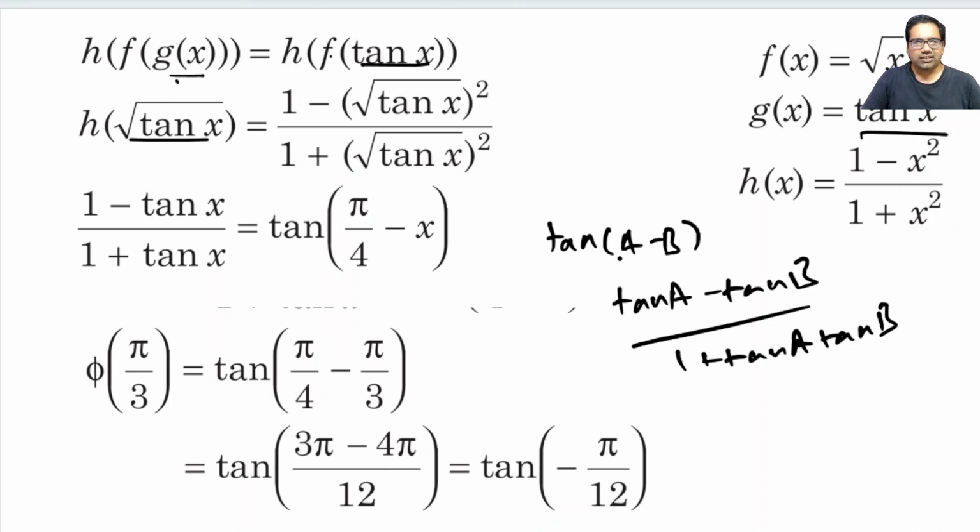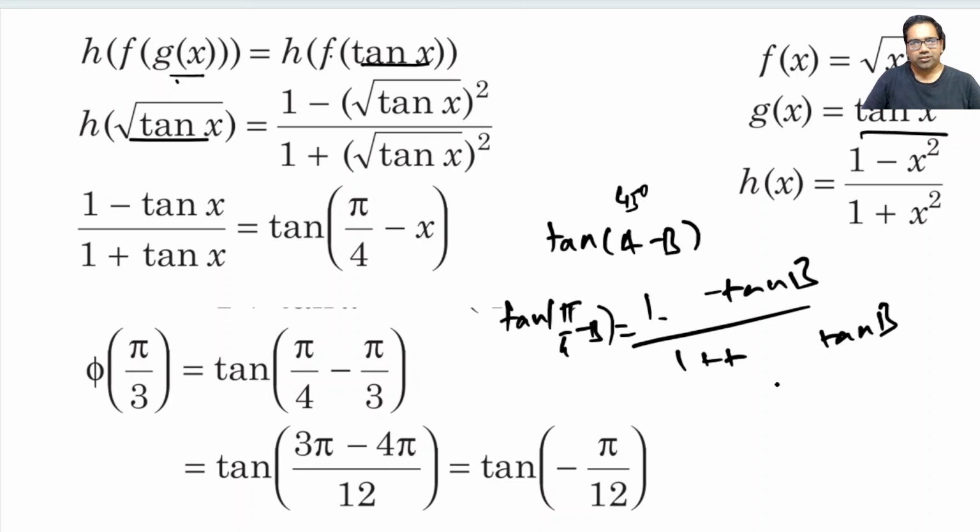When this angle A is pi by 4, that is 45 degrees, then tan of (pi by 4 minus B) is equal to (1 minus tan B) by (1 plus tan B). Same as what we have written here. 1 minus tan x by 1 plus tan x is equal to tan of pi by 4 minus x.